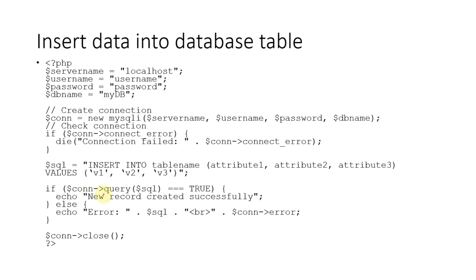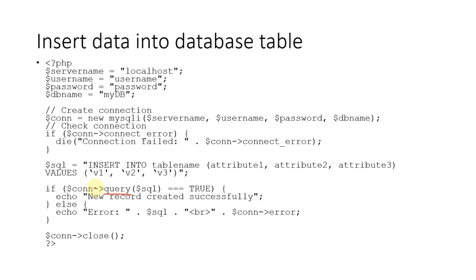The query function with the connection object, or actually this is in the case of object-oriented connection, and if we have procedural connection, then we will use the mysqli underscore query function. These functions are used to perform a query against a database.